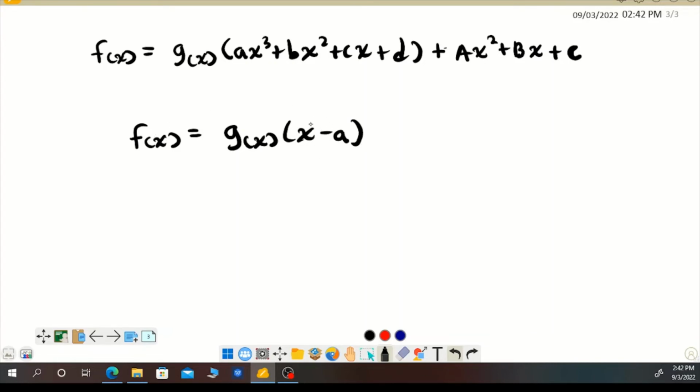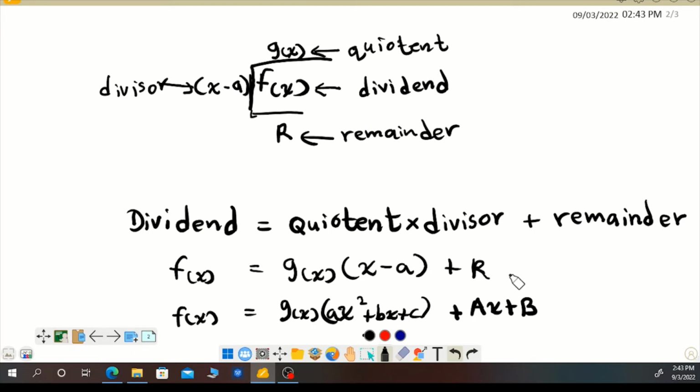These are very simple things. We can take this as the factor theorem, and our first and below equation is the remainder theorem. So remember that dividend equals quotient times divisor plus remainder.